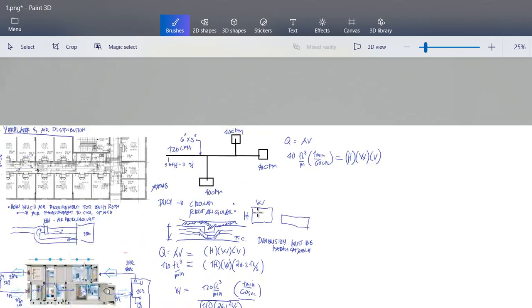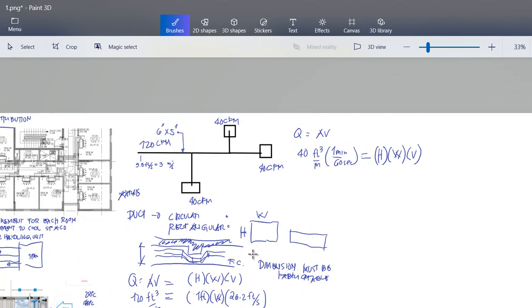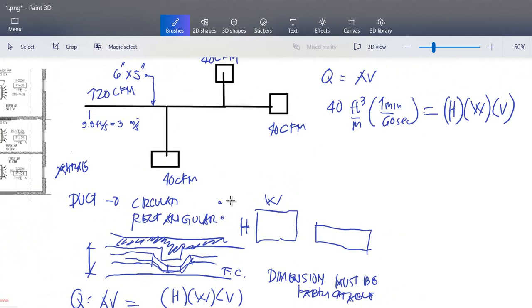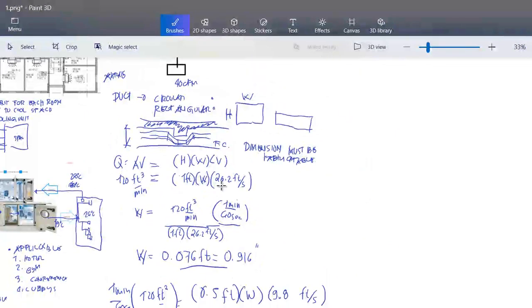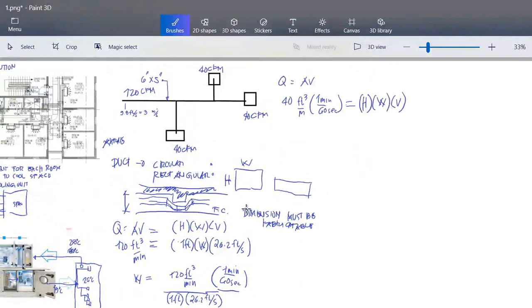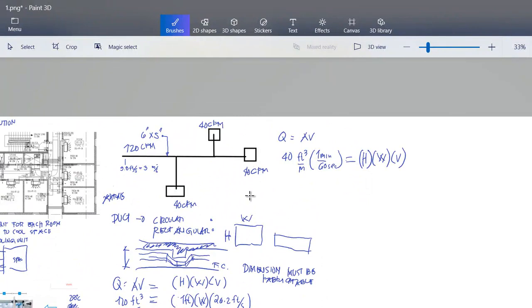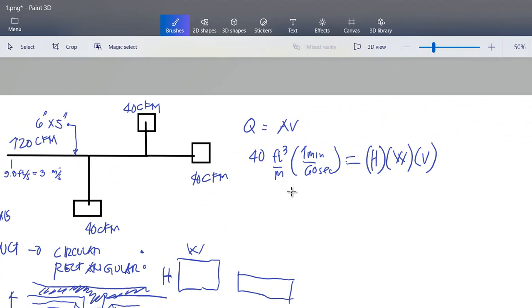Now you will notice we have the height now of how much? So previously we have the height of 6 inches. So we can reduce the height now to, so let's give the height which is more fabricatable.